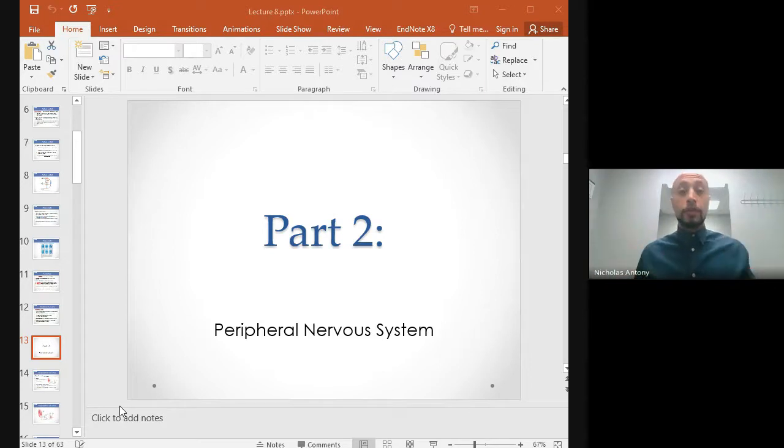You have to remember that the spinal nerves exit the vertebral column and then they recombine at the plexi to create our peripheral nerves. Does everyone understand what that means?